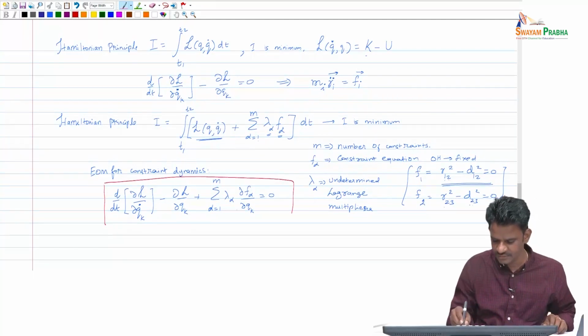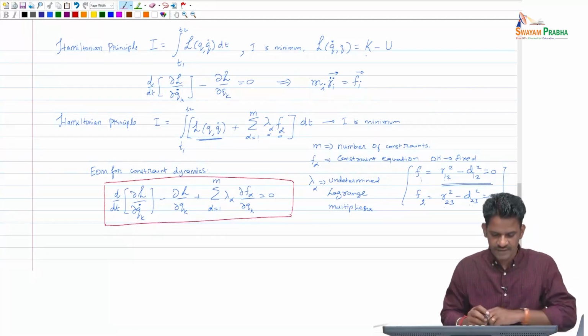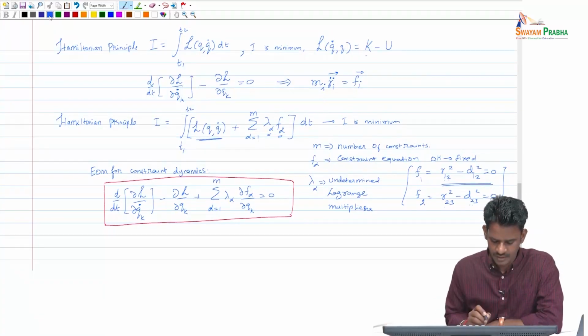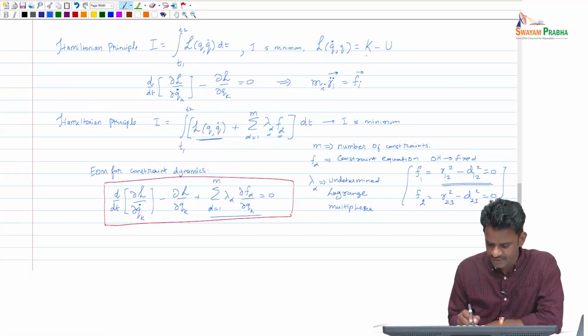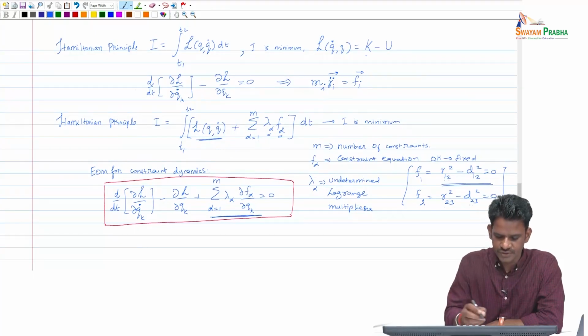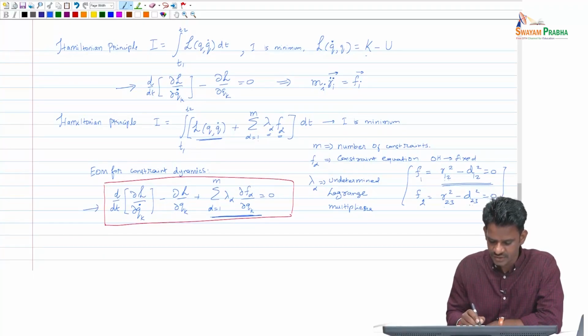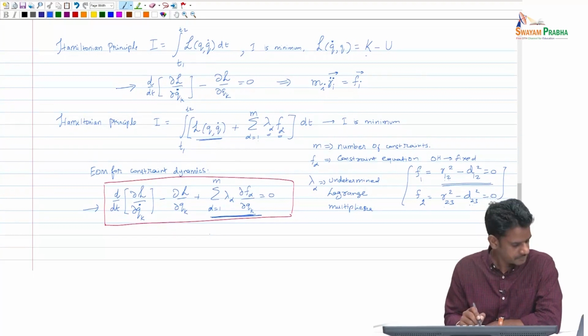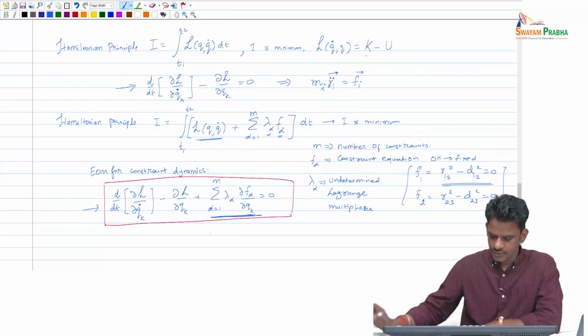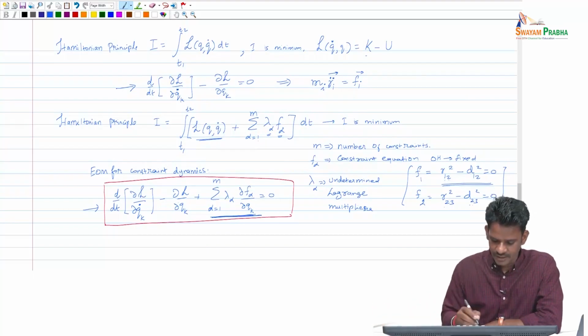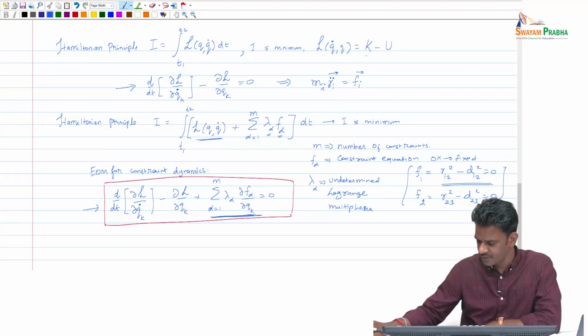So, you can see that when you have a constraint, you have an additional term given by this in the equation of motion. So, this is the equation of motion for unconstrained dynamics, this is the equation for the constrained dynamics. The only extra term that we have is this lambda alpha times dou f by dou q. So, when we then write the Lagrangian using kinetic energy minus potential energy, you can show that this particular term can be written as an additional force coming from the constraints.